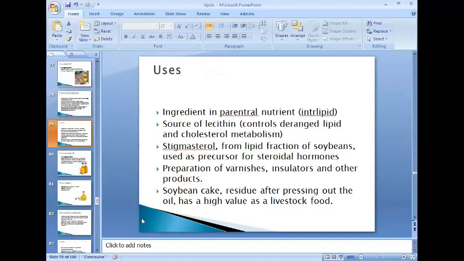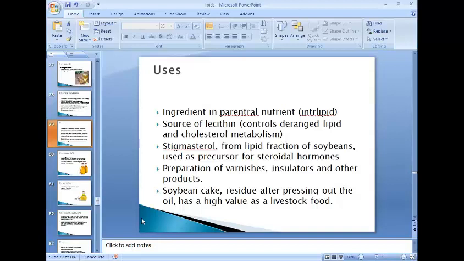It is also an ingredient in parenteral nutrition, and this is the source of lecithin. So it is used for the control of deranged lipid or cholesterol metabolism, and it is also used for the synthesis of steroid hormones, which is basically from stigmasterol that is obtained from the lipid fraction of soybean and used as a precursor for steroid hormones.